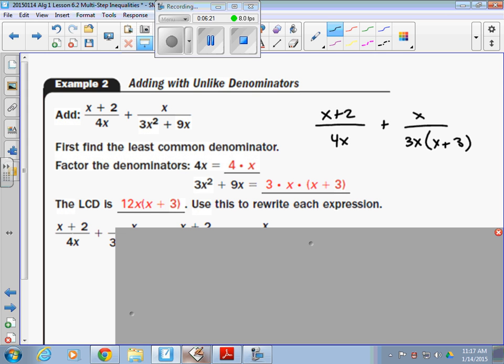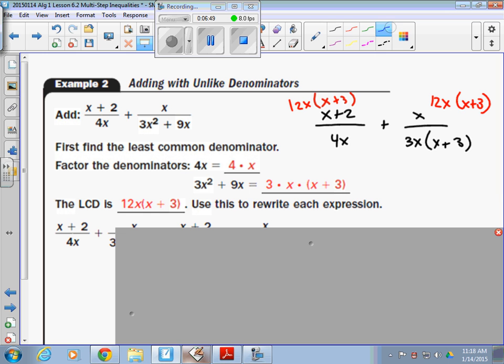You multiply everything by whatever the bottom number is, by whatever the denominator is. So if we multiply by what we said the least common denominator is, 12x times x plus 3, if we multiply this one by 12x times x plus 3, and we multiply this one by 12x times x plus 3, we'll cancel out what we don't need.